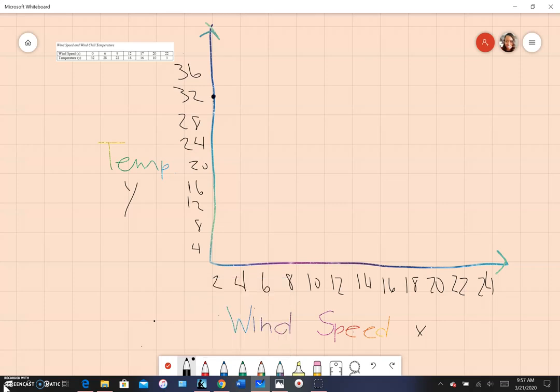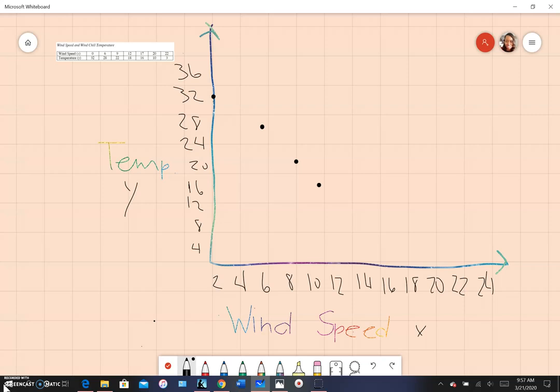There we go. When wind speed is 6, my temperature is 28. When wind speed is 9, temperature is 22. So I'll do some estimating between 8 and 10, and also between 20 and 24. There's my next point. When wind speed is 12, my temperature is 18.